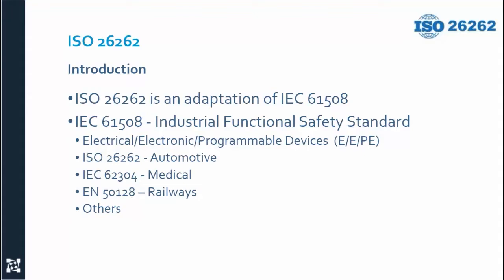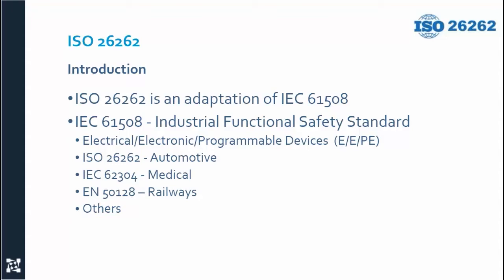It provides guidance for regulating the entire product lifecycle at the software and hardware level, from conceptual development all the way through to decommissioning. Other standards like IEC 62304 for medical and EN 50128 for railway have also been derived from IEC 61508. And there are other standards as well, like 61511 for machinery and so forth.